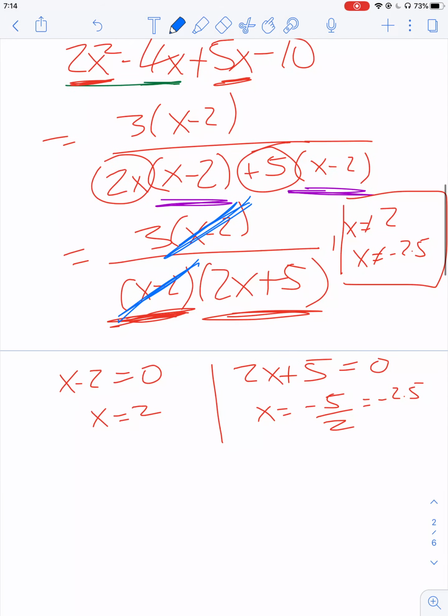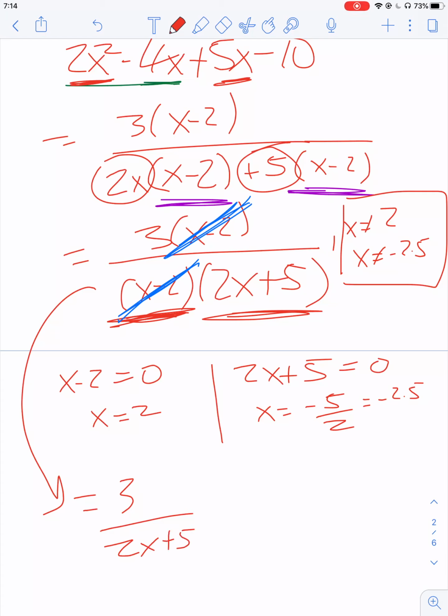So this simplifies to 3 over, well, the x minus 2 has disappeared, right? So this just simplifies to 3 over 2x plus 5, okay?